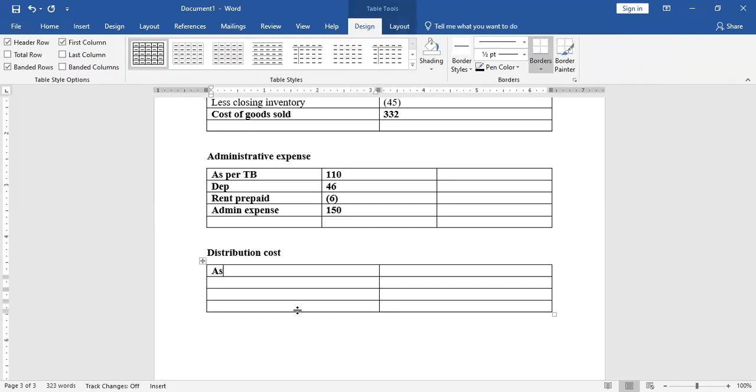What is the distribution cost as per trial balance? Let's see in the trial balance.